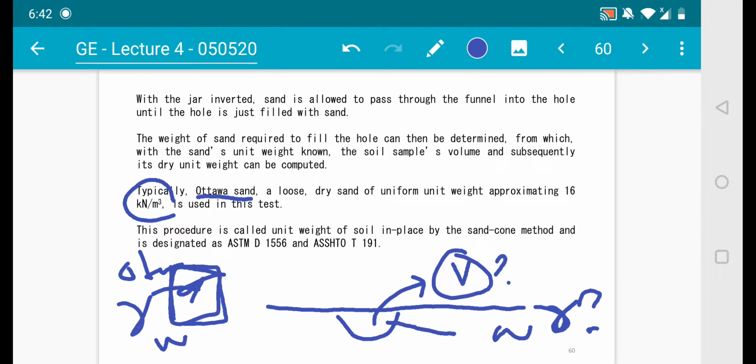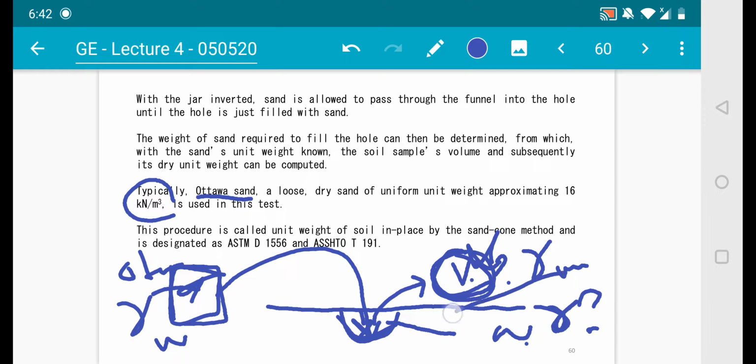Now the problem is the volume at site you don't know. So you're going to fill the Ottawa sand inside this, and then you can get the volume of Ottawa sand being filled inside this hole. So by having the volume and moisture content, you can calculate the unit weight of soil at site. So you have soil on this side and standard sand on this side for comparative study.